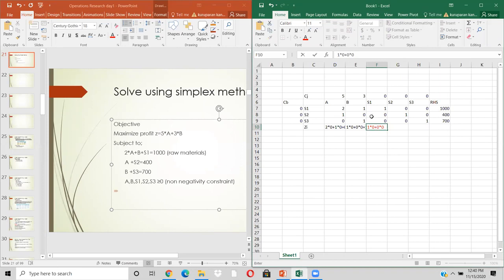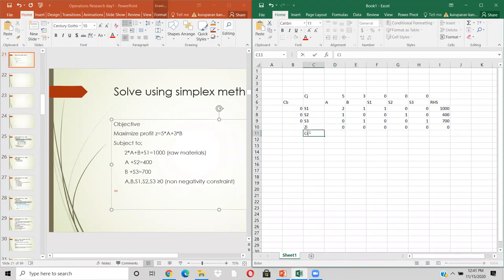For the next one, 1 into 0, 1 into 0, 0 into 0, and 1 into 0. Similarly for the rest of the values. For all these columns the values will be 0. Why? All are multiplied by zeros and added, so it's 0.